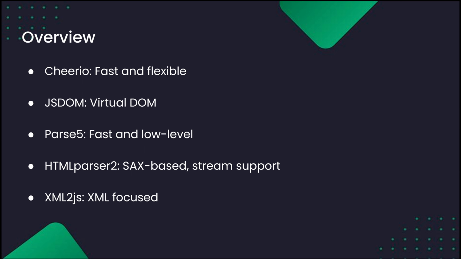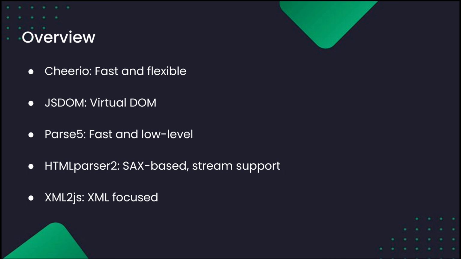JSDOM is a JavaScript implementation of the W3C DOM and HTML standards. It provides a virtual DOM environment that allows you to parse HTML documents and interact with them using familiar browser APIs. JSDOM is quite powerful and can handle complex scenarios, but it may be too much firepower for simple parsing tasks.